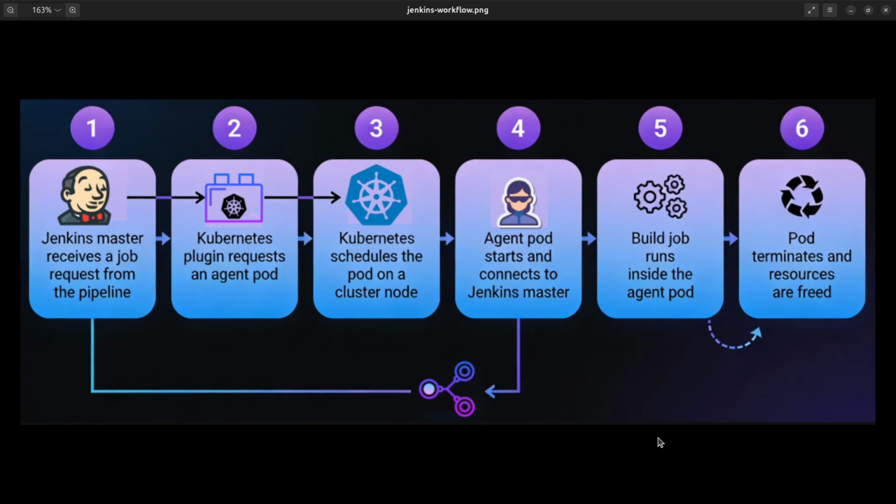The agent pod starts and connects to the Jenkins master. The build job runs inside the agent pod, and the pod terminates automatically and returns resources to the cluster after job completion. This cycle ensures that we always use resources efficiently. We only consume what we need and exactly when we need it, without keeping servers running continuously.